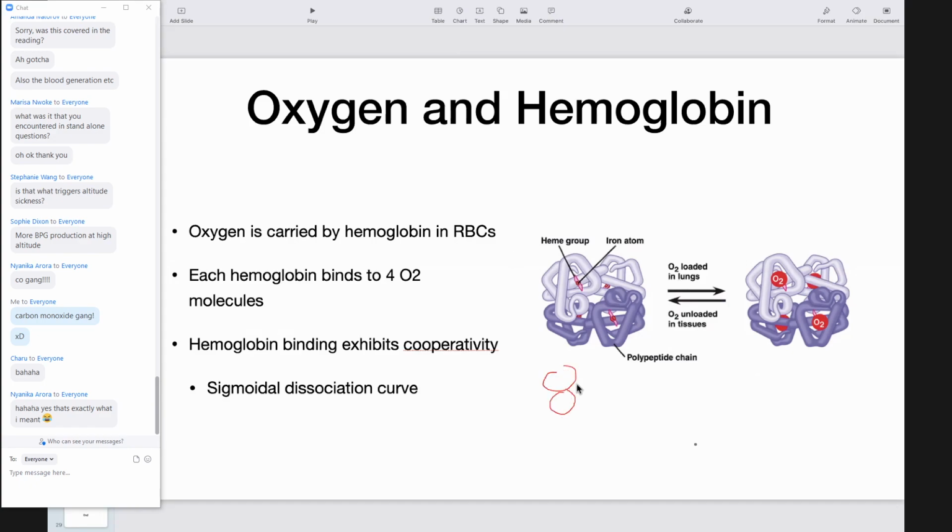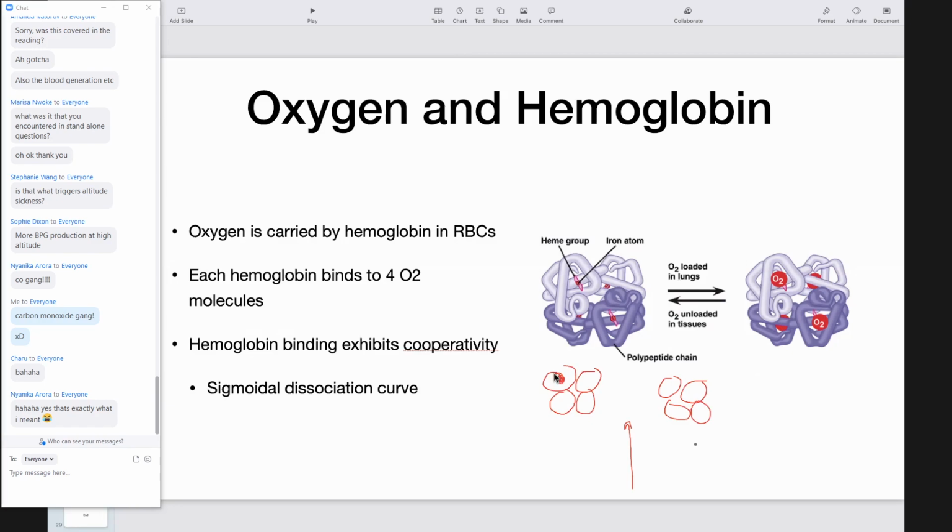I'm going to draw my very fancy hemoglobins right here. 4 subunits. This is hemoglobin 1. This is hemoglobin 2. Let's say, whoop, that is terrible. We have oxygens traveling this direction. Let's say we have 1 oxygen come through. Let's say it binds right here. It binds to this subunit.